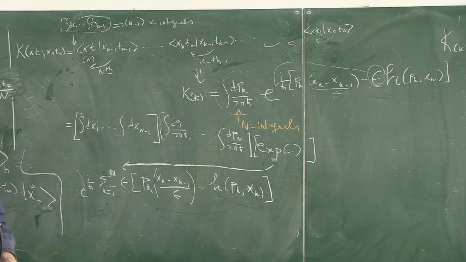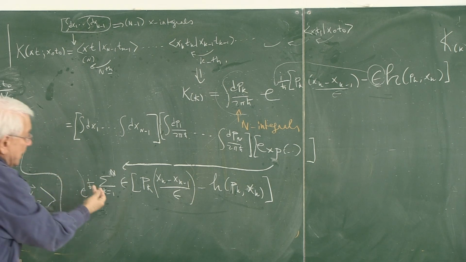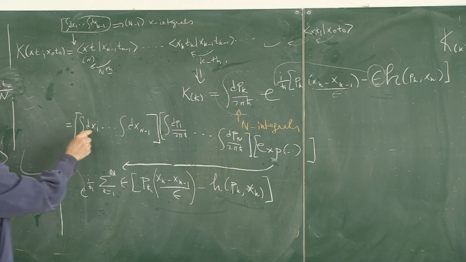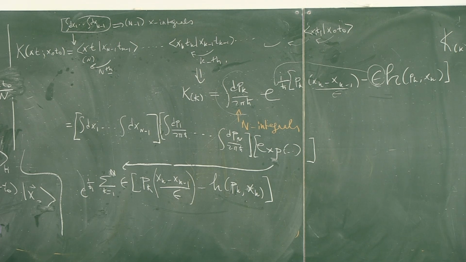Counting is important here because there are n of those integrals, so there must be n of those factors. Despite the fact that the number of x integrals is 1 less. That's such an important asymmetry. Aesthetically, at first, when you are doing it for the first time, you may think that, am I doing something wrong? The symmetry between x and p in the phase space.